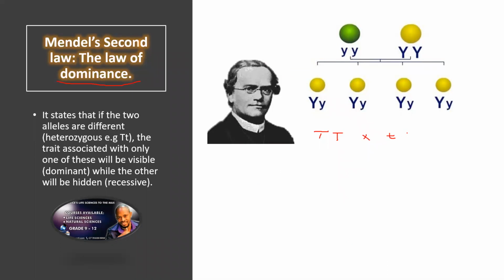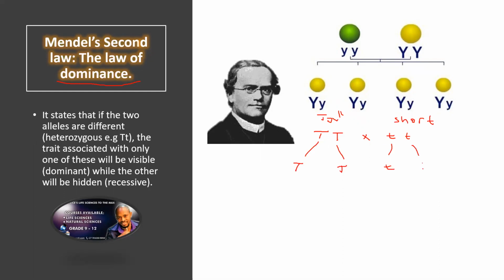One was tall, purebred, it means homozygous tall, and the other was short, it means homozygous short. So when he crossed them, first they will have to segregate. The alleles here will segregate so that the gametes are produced.